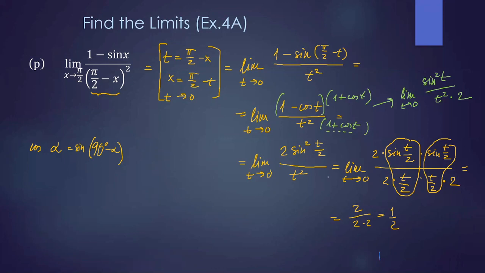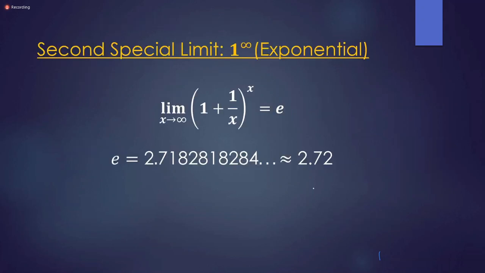There is one. And now, the second special limit, the situation where we had 1 to power infinity, which is not 1 because in this indeterminate form, 1 to power infinity, we are not thinking in terms of 1 as a number. 1 is not a number, 1 is something that tends to 1. So not quite.